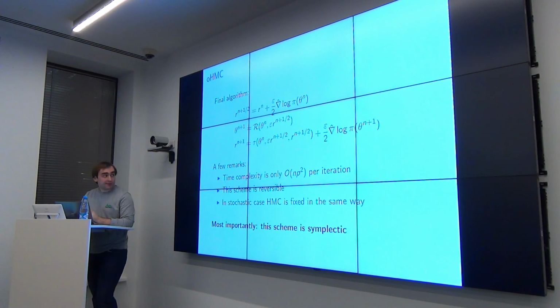So what's important about this algorithm is that time complexity is not very big. It's only O of n p squared per iteration. And what is p?